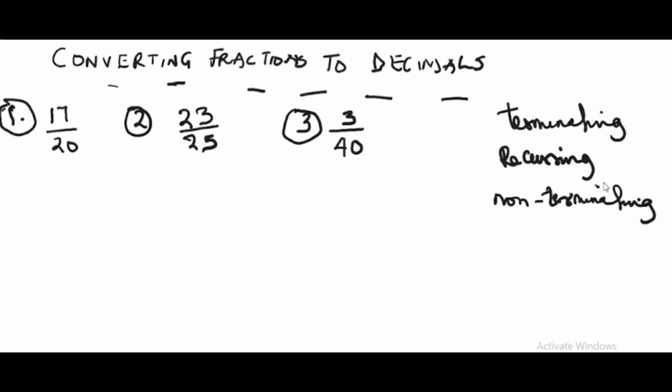So very quickly, when you are converting from fractions to decimal, 3 things will happen. Nothing more than these 3 things. 1, either the denominator is a multiple of 10, or you have the denominator to be a number that can be multiplied by another number to give you 100.